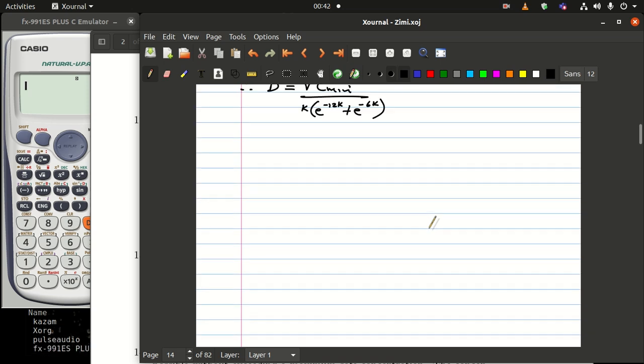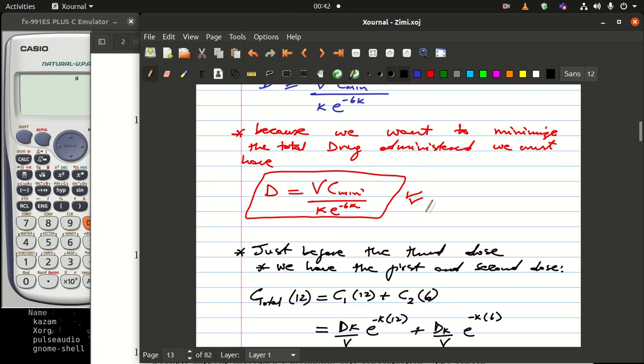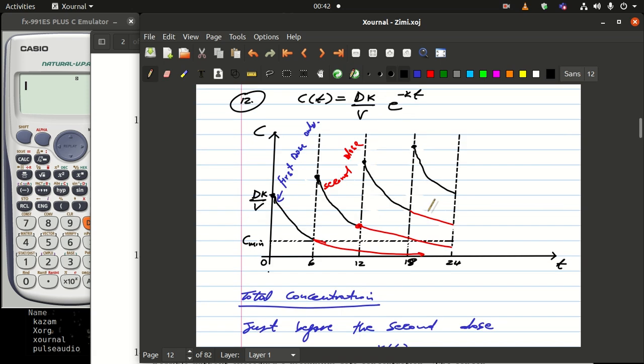The next thing that we wanted to do here: because we dealt with this position, now we add this dose, we want to find out what is actually the concentration at that point, just before we add the fourth dose.